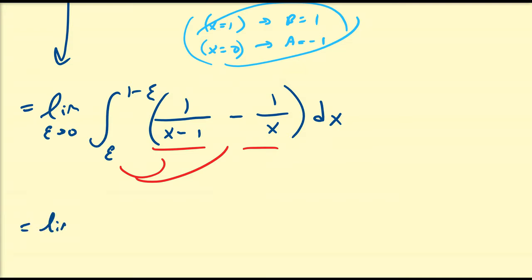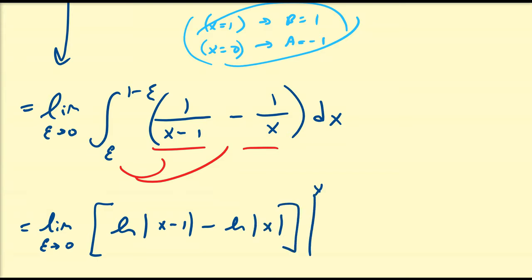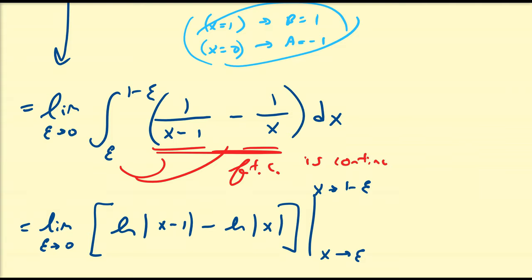So I can rewrite this as the limit as epsilon goes to 0 of the natural log of the absolute value of x minus 1, minus the natural log of the absolute value of x, evaluated as x goes to 1 minus epsilon and as x goes to epsilon, subtracted. That's the fundamental theorem of calculus. And remember, we can only use the fundamental theorem of calculus if this integrand is continuous. That is very important.